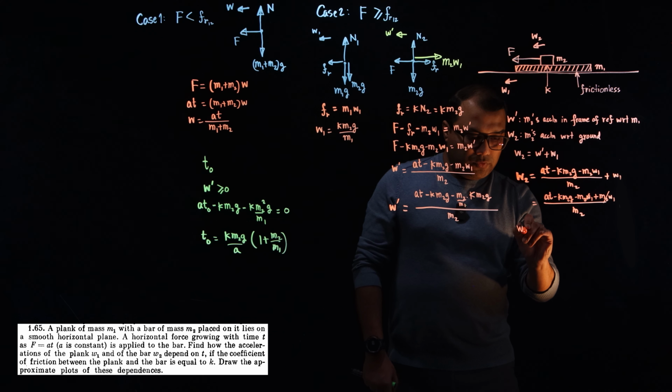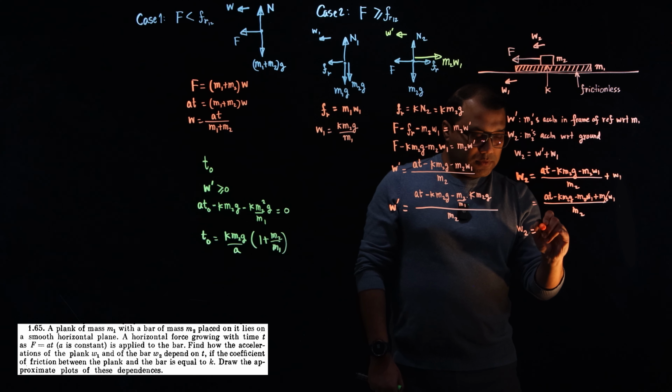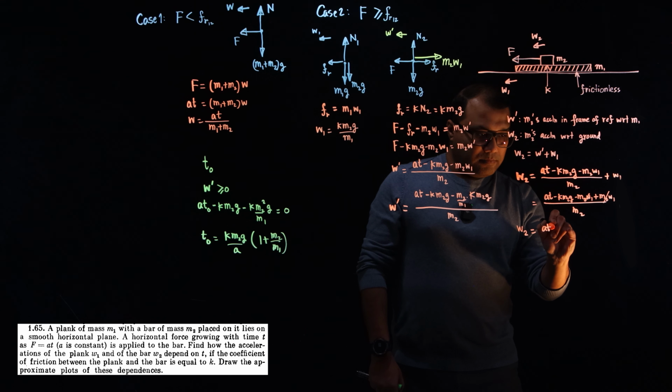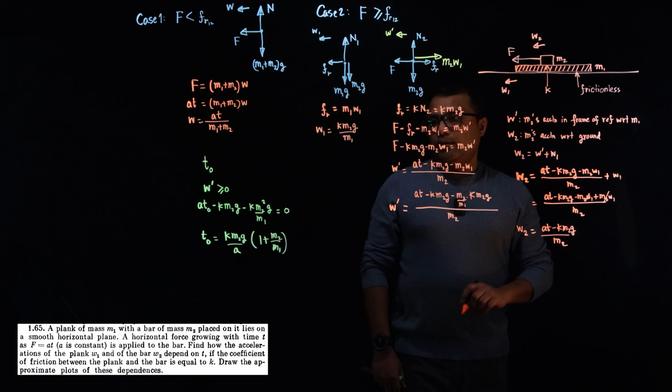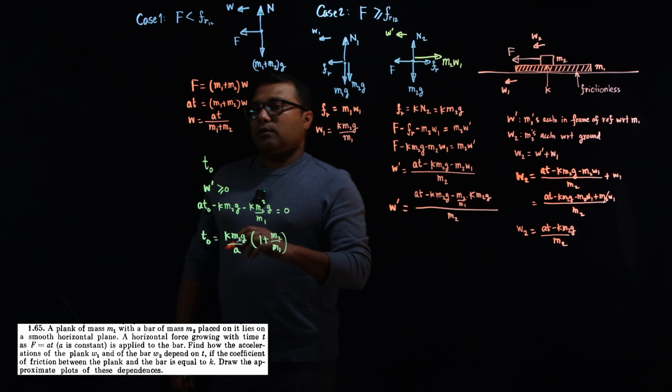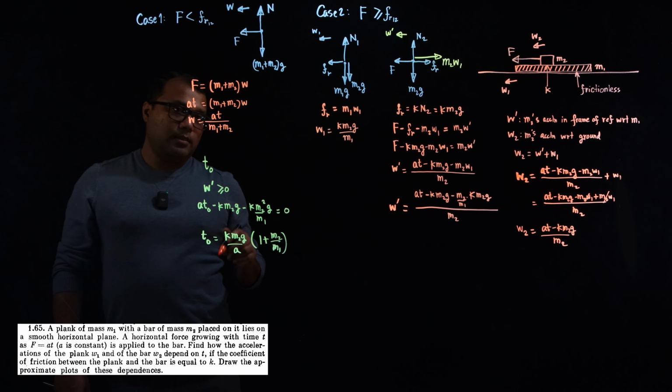So the W2 value becomes (AT minus K M2G) divided by M2. So we got three results.